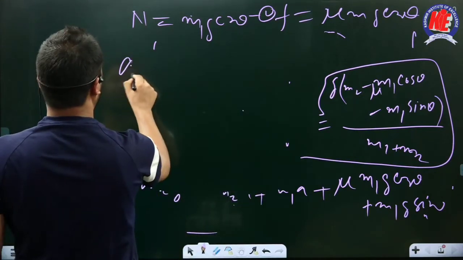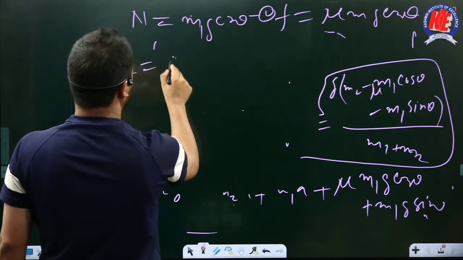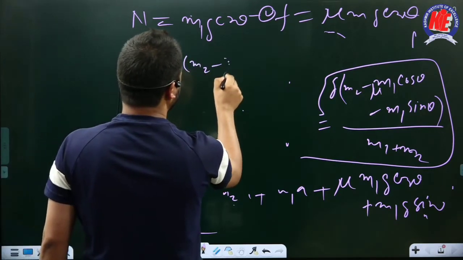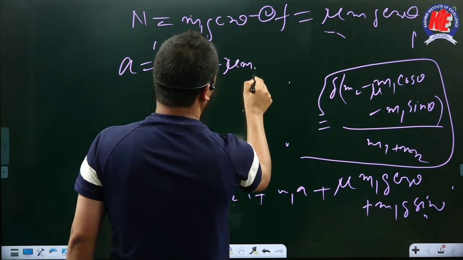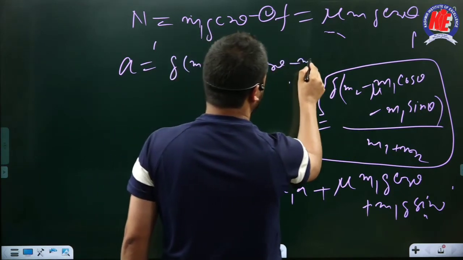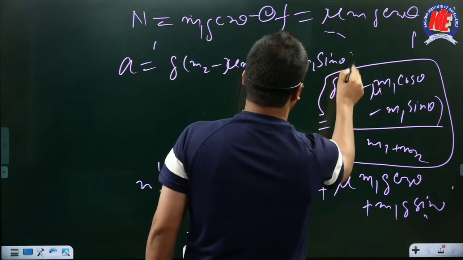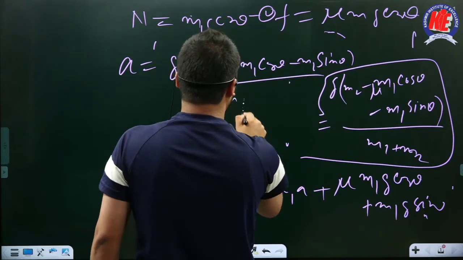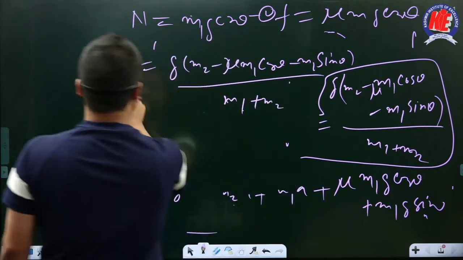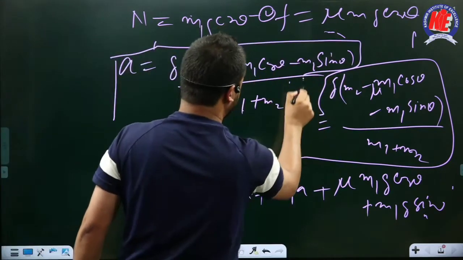Now the acceleration I have here is g times m2 minus mu m1 cos theta minus m1 sin theta upon m1 plus m2. This is my third unknown, that was the acceleration.